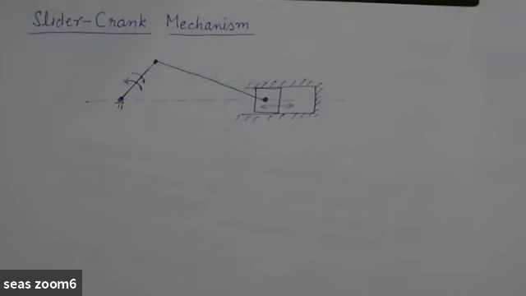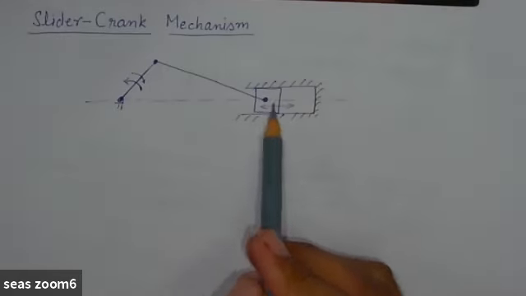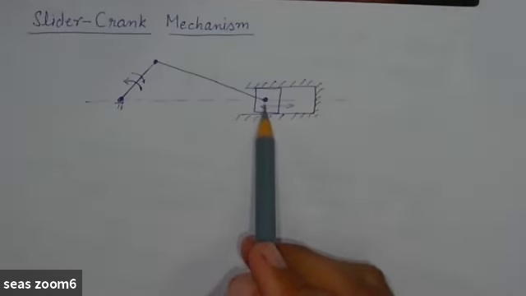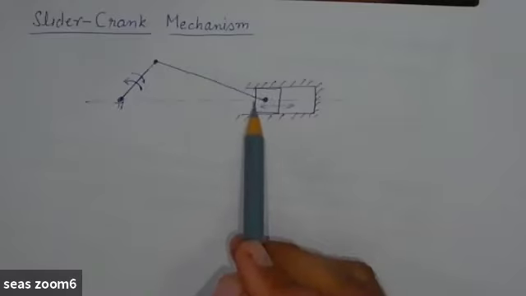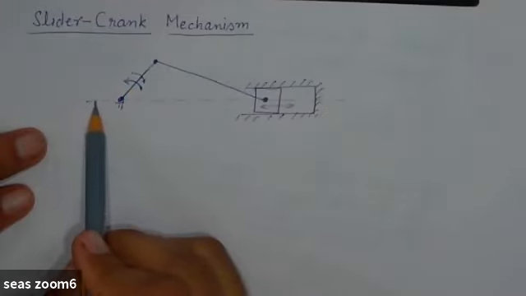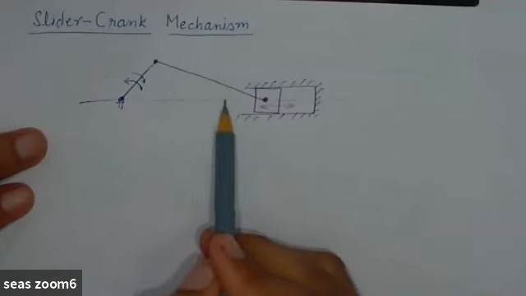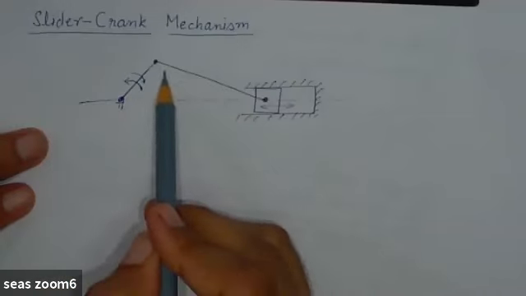A slider crank mechanism can have two limiting conditions which actually define the stroke length of this piston. So what is a stroke length? Stroke length simply means the maximum distance covered by this piston in a full rotation. So if your crank comes here, let's say the crank is here, then your piston will be somewhat here.